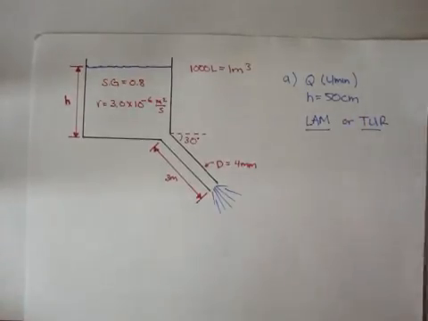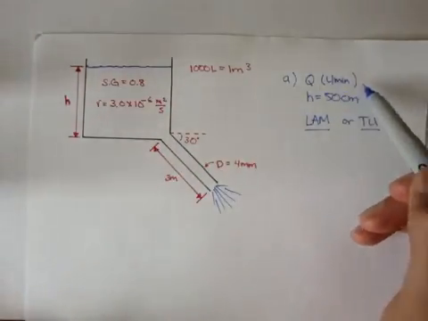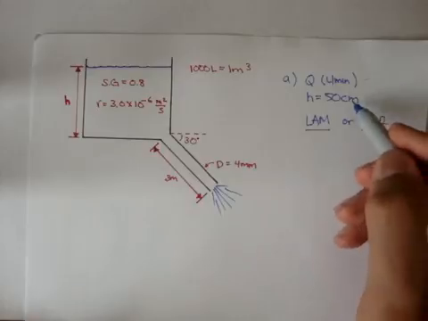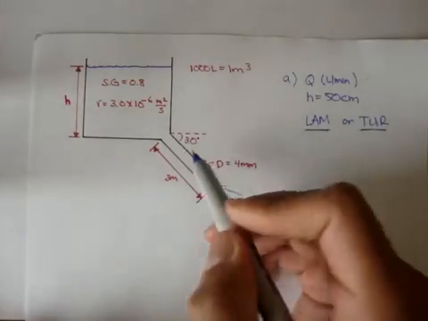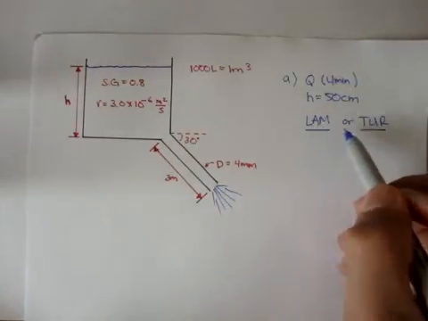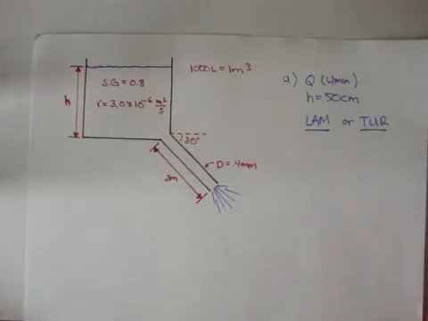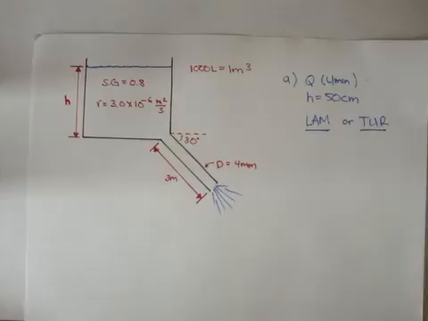So they want the flow rate for a height of 50 centimeters, and they want us to figure out if the flow in this tube is laminar or turbulent.